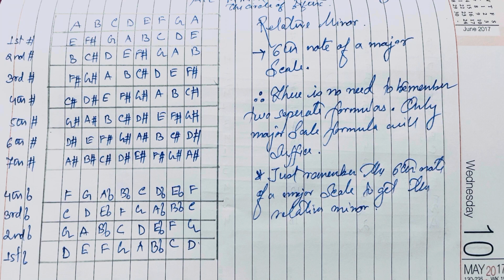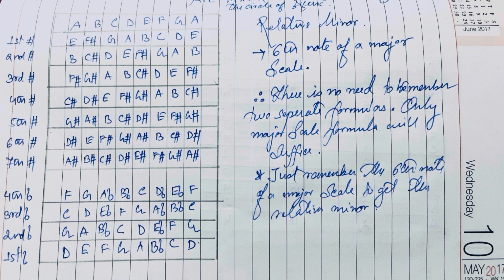Here I have written this in the order of the relative minors in the circle of fifths. That is why you can see the first sharp, second sharp notations. These all correspond to their relative major scales. So this is the concept.